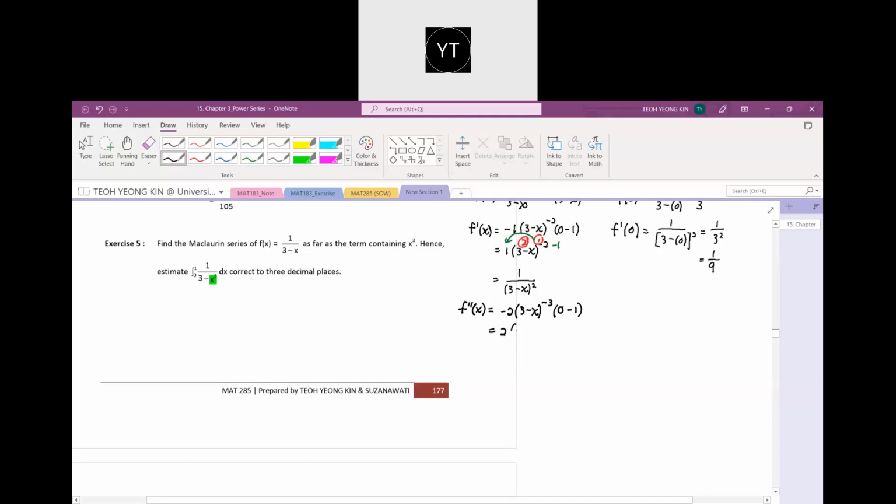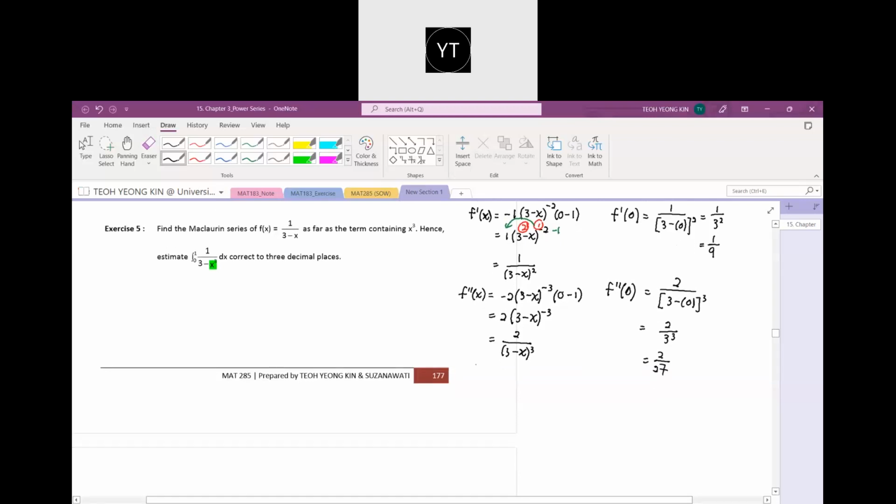And then (3 minus x) to the power of negative 3, or I can write it as 2 over (3 minus x) cubed. Substitute the value of 0. So here comes 2 over (3 minus 0) cubed. So here is 2 over 3 to the power of 3, 2 over 27.